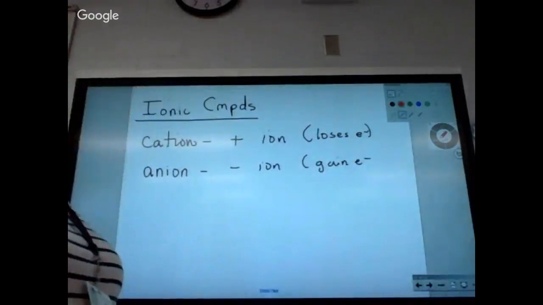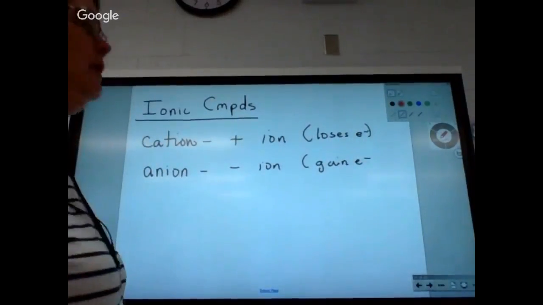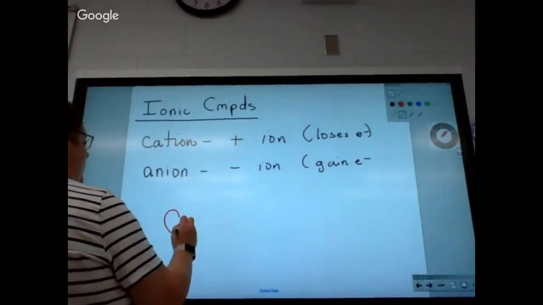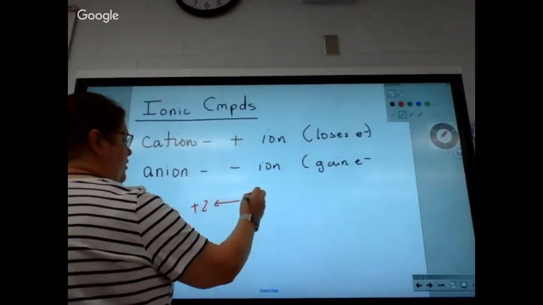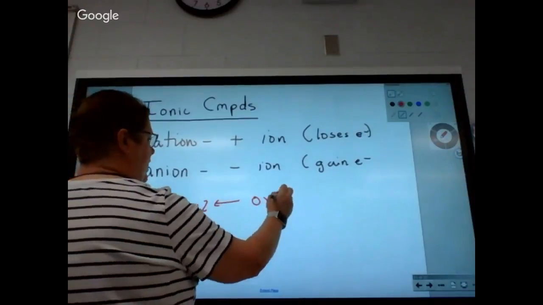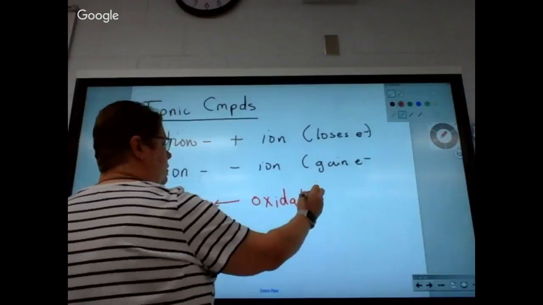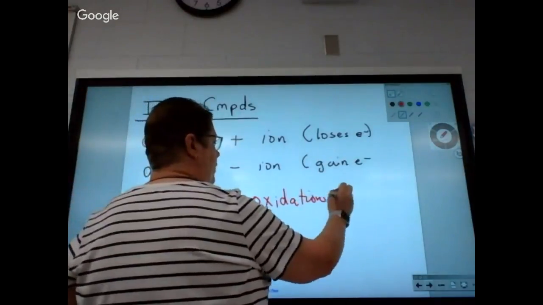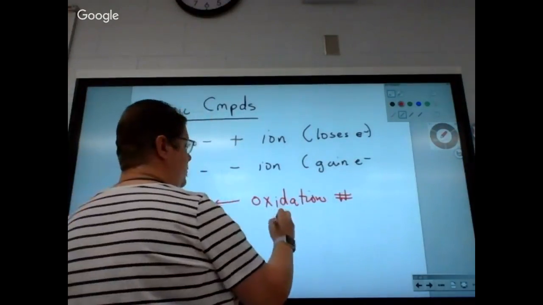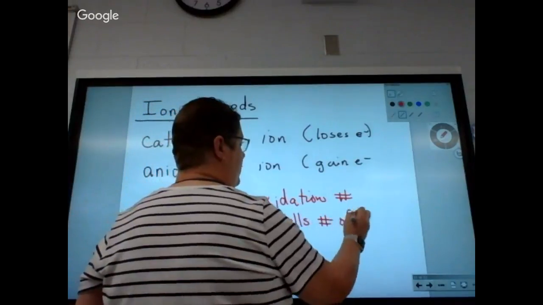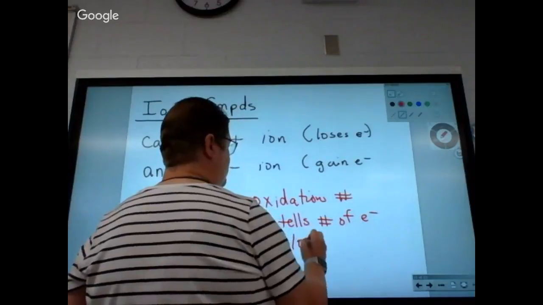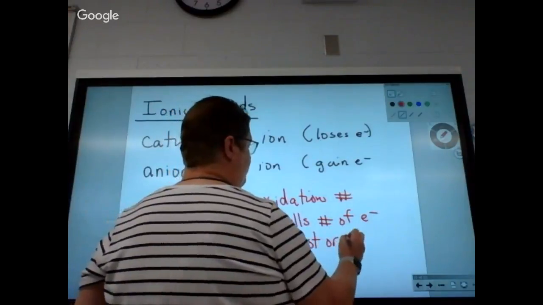We don't necessarily have to understand what it means. Now, if we have something like Ca plus 2, this right here is referred to as an oxidation number. And we've already said that it tells the number of electrons lost or gained.